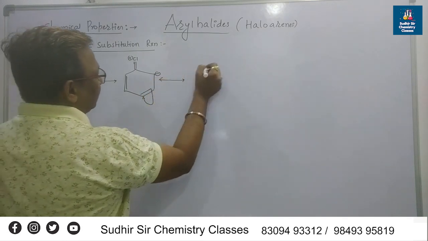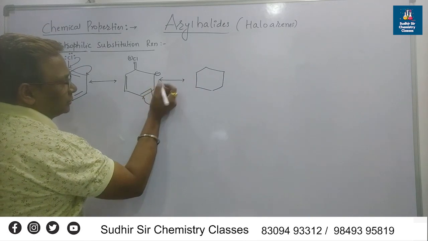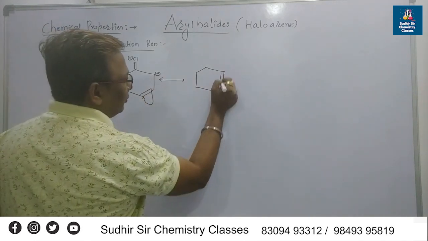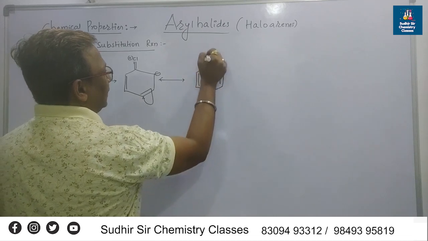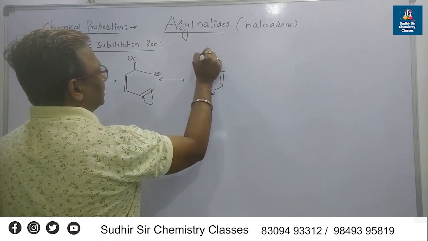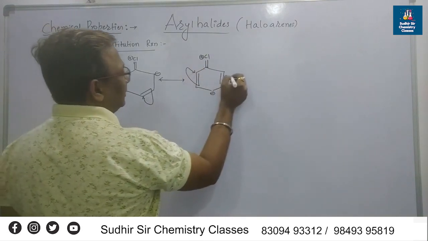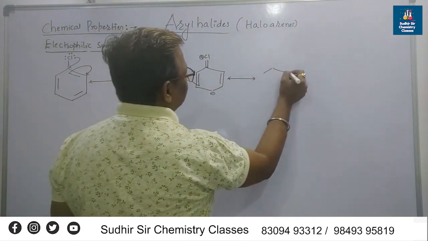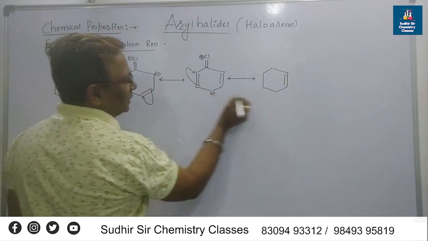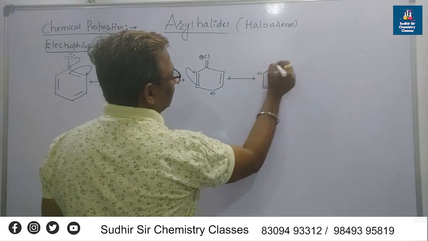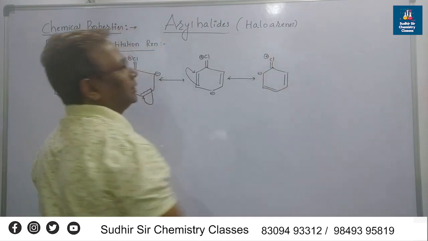But as it shifts back to here, what happened? See, this carbon will get positive, and it is already having negative. Positive, negative, pi bond. And again chlorine and carbon have partial double bond character. Again this pi bond shifts back to here, and we are getting the pi bond here, with a negative charge, and partial double bond character between carbon and halogen.